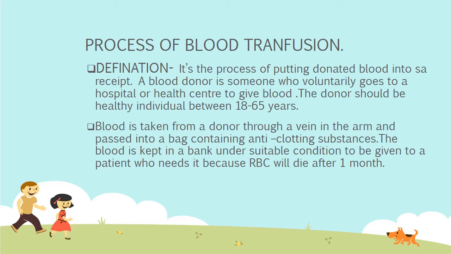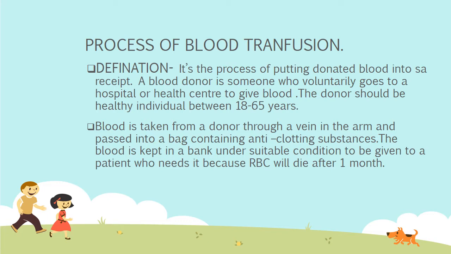The blood is donated. You should not forget donated. A blood donor is someone who voluntarily goes to hospital or any other health center to give blood. The donor should be a healthy individual between 18 to 65 years, because of the health of that individual.